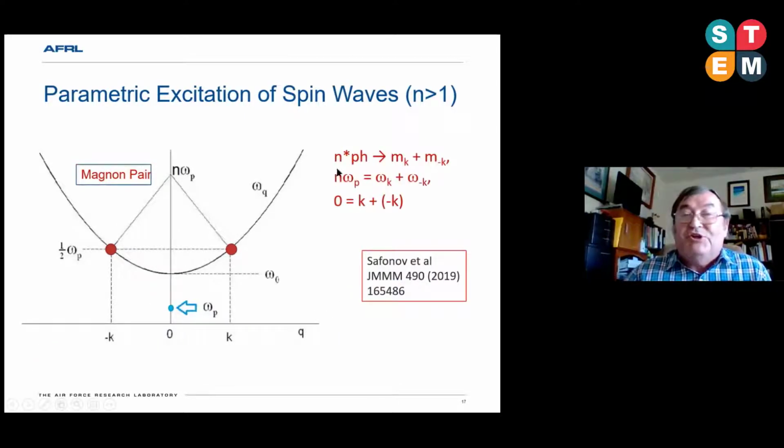In this situation, n photons excite a spin wave or magnon pair, and we need just overcome the threshold of this process.